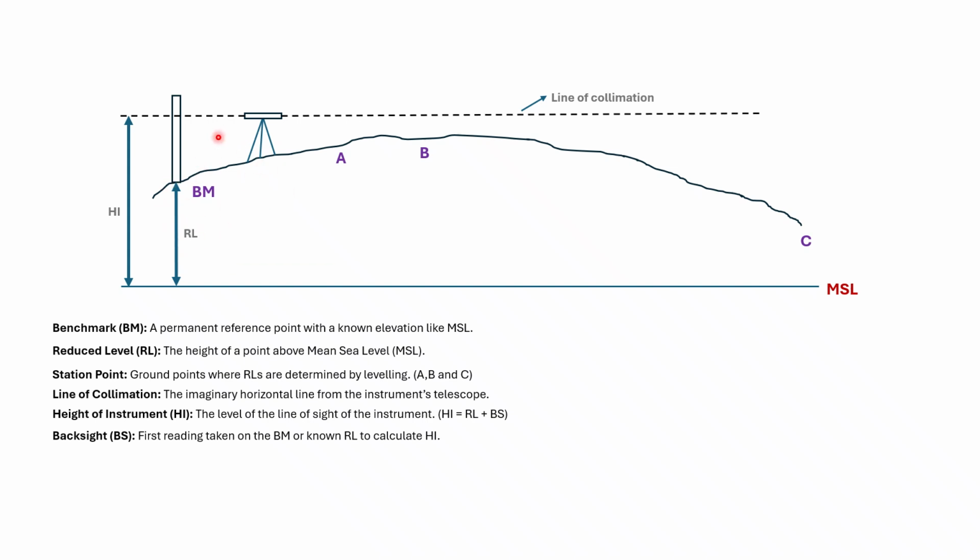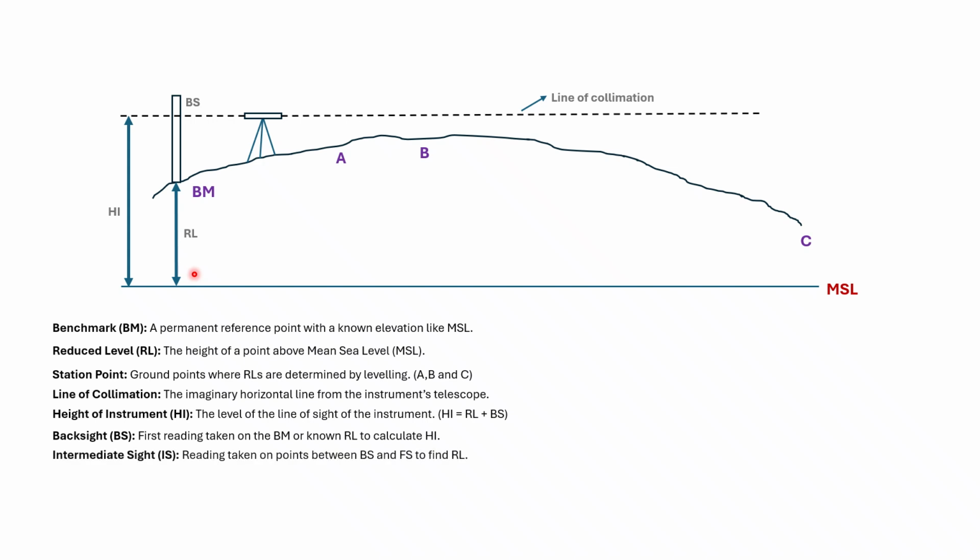Let's say it is 100 meter, and through this telescope and staff rod, we would be getting this height H. In our previous slide, we have discussed this HI. So let's say this reading is Y. So Y plus this benchmark reading would be the height of instrument. Means height of instrument is the total height from the mean sea level to the line of collimation. So this is the backsight.